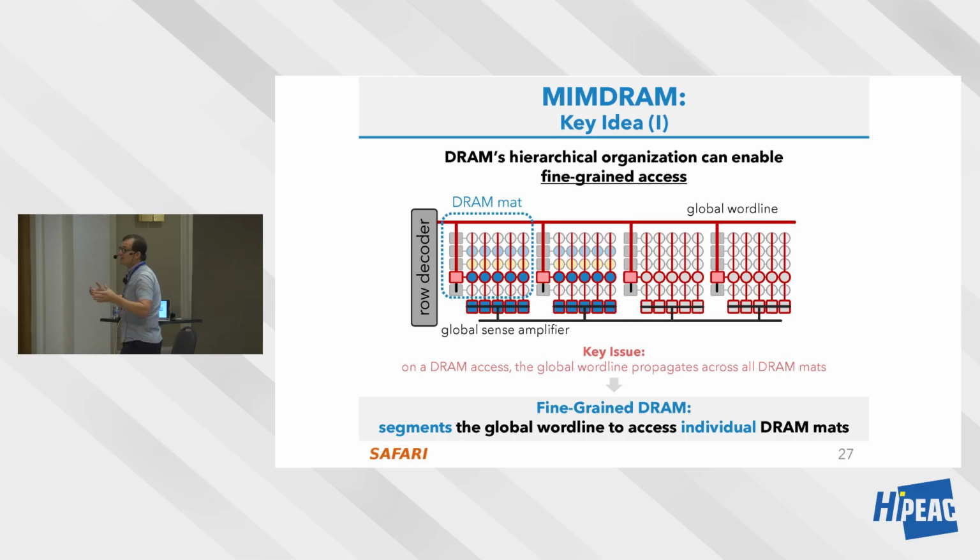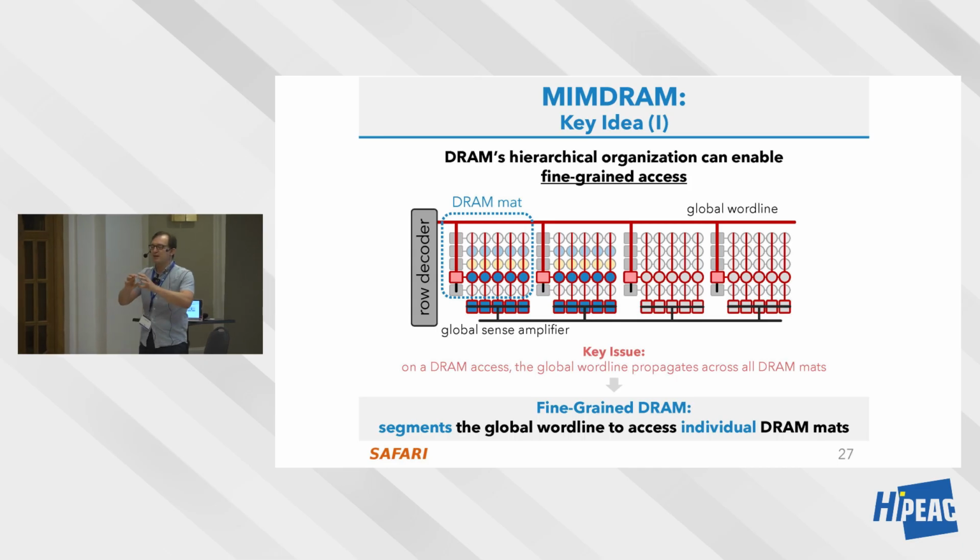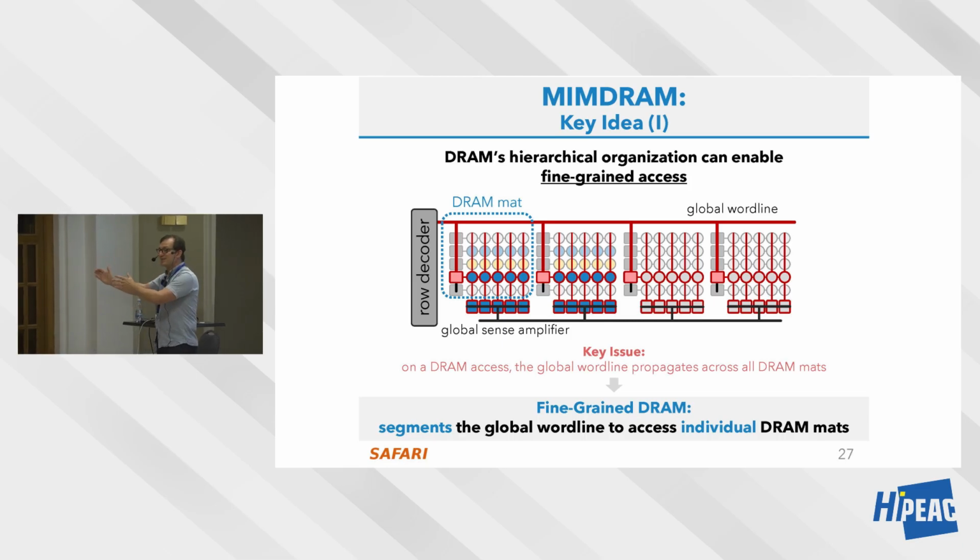And the reason it's done this way is because if you actually have a single subarray spanning 8 kilobytes of cells, this is too long for latency. A word line, if it spans that long, it's a long interconnect, and long interconnects are bad for latency. So internally, DRAM is partitioned into mats, and mats are smaller, and the interconnects are shorter. As a result, latency is relatively low to access them. And there are reliability issues with longer interconnects, so you don't want to have very long interconnects in DRAM.